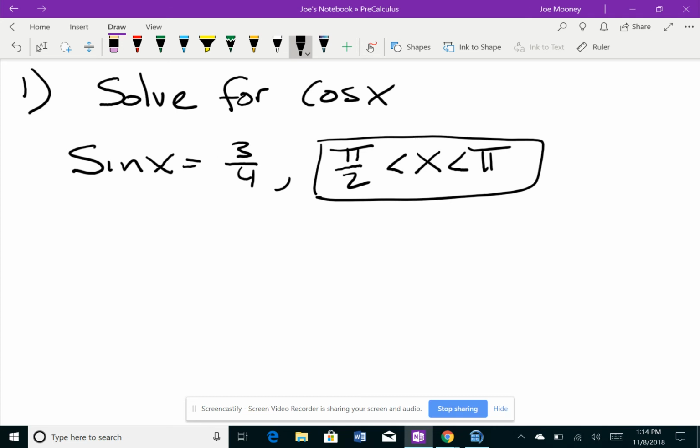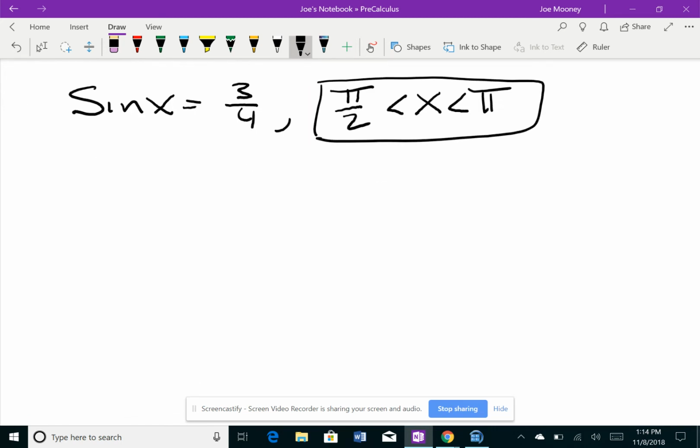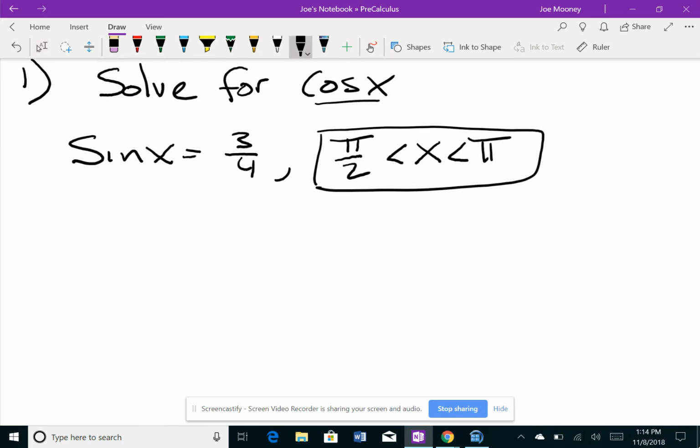So let's use our identity to solve for cosine. I know sine of x is 3/4. Is there any formula that's got cosine and sine in it that can help me? Well, yes, we just learned that.